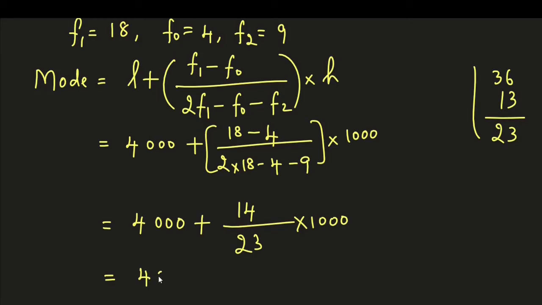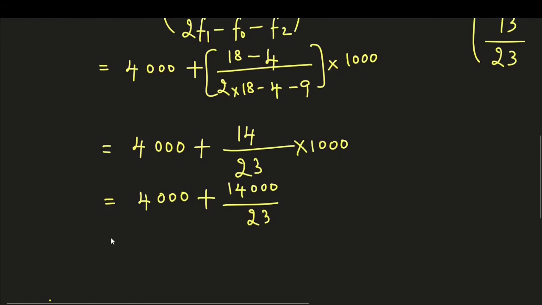So we get 4000 plus 14,000 by 23, which is 4000 plus 608.7.